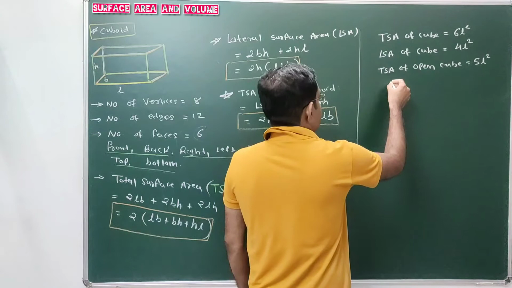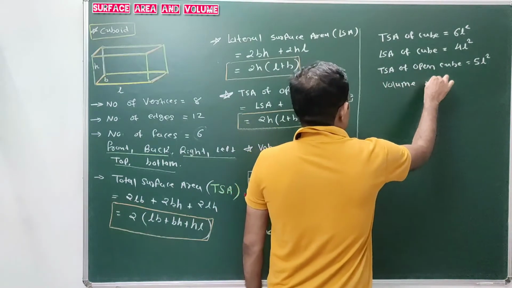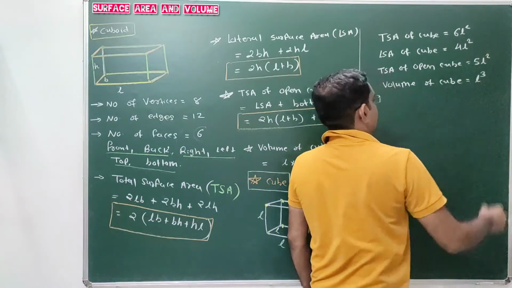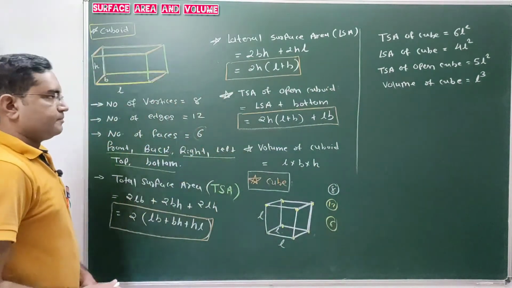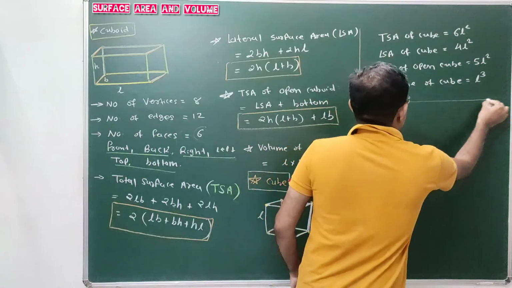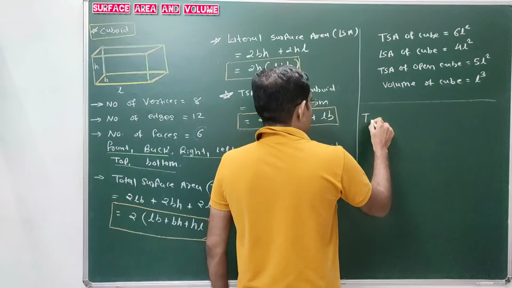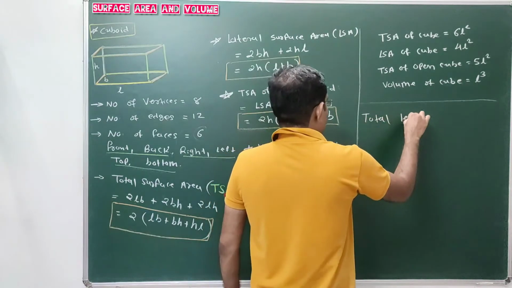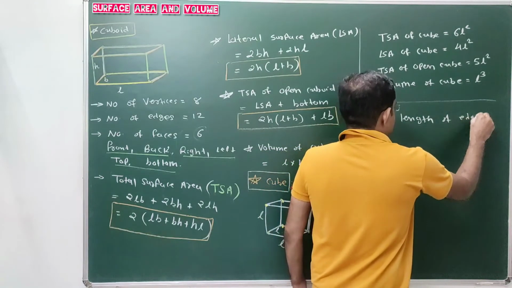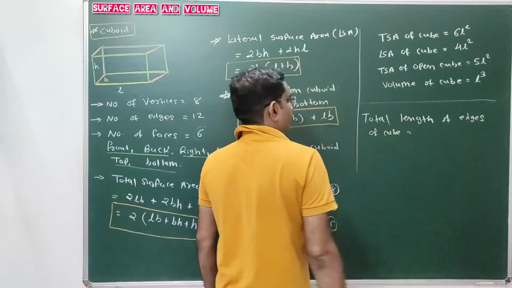And here we can write the volume of cube is equal to L raised to 3, L cube. Now for cuboid and cube, we have to add one more formula, that is total length of edges of cube.